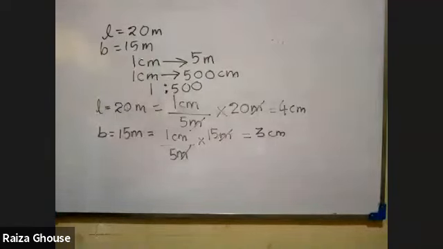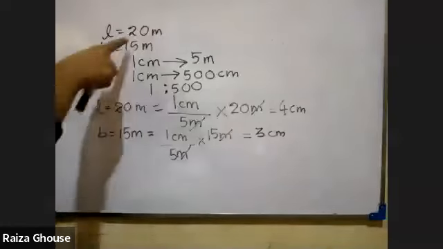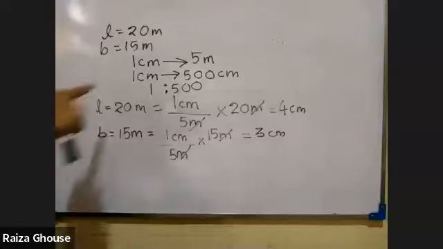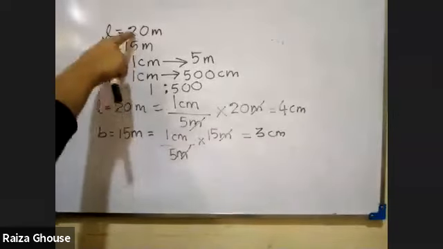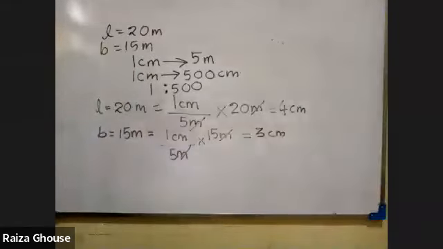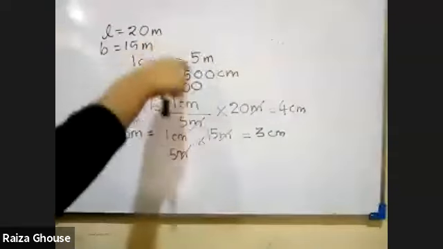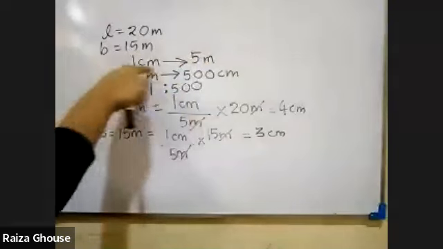Listen carefully. Now, they have given 20 meter and 15 meter, which is in meters, but we can't draw meters in our book. So we have to build up a suitable scale ratio. Since both are multiples of 5 times table, an actual length of 5 meter can be represented by 1 centimeter.